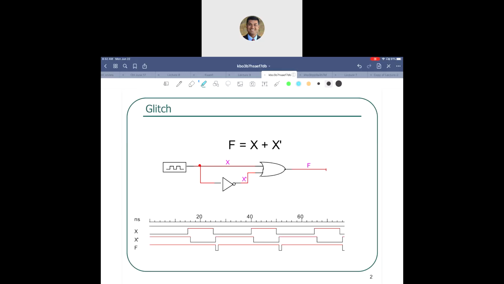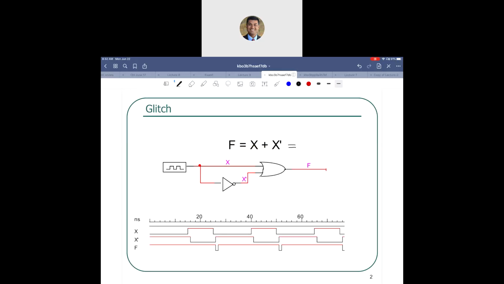This is going to be like the most fundamental discussion of today's lecture. As simple as a function which is x or x complement. So if I didn't show you any of these diagrams below, and I just said f equals x or x complement, what would you say that equals?